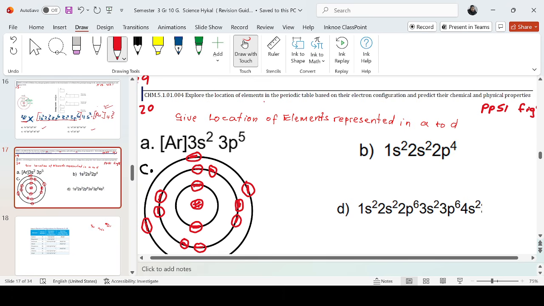Explore the location of an element in the periodic table based on its electron configuration and predict its chemical and physical properties. Chemical and physical what? Properties. Let's come to this one. You must know what we call the valence.